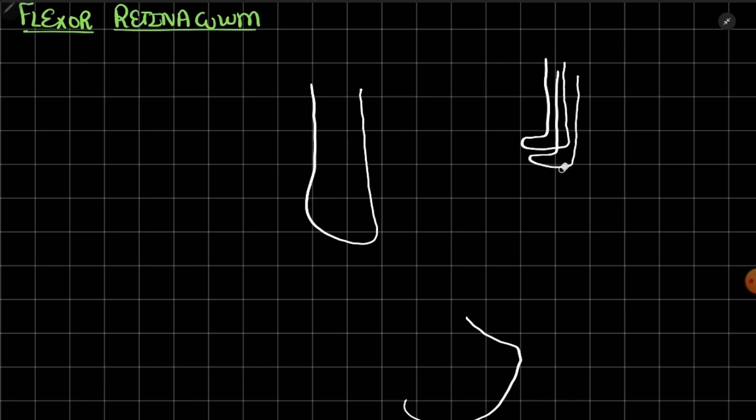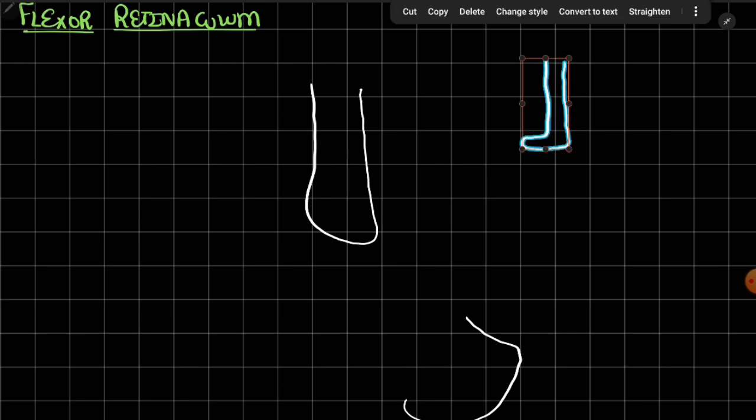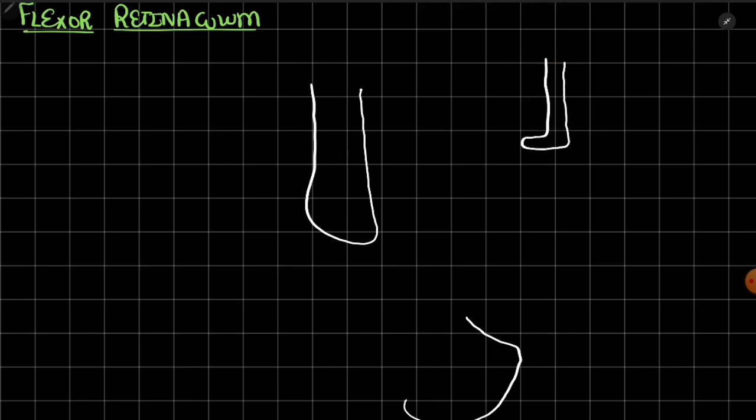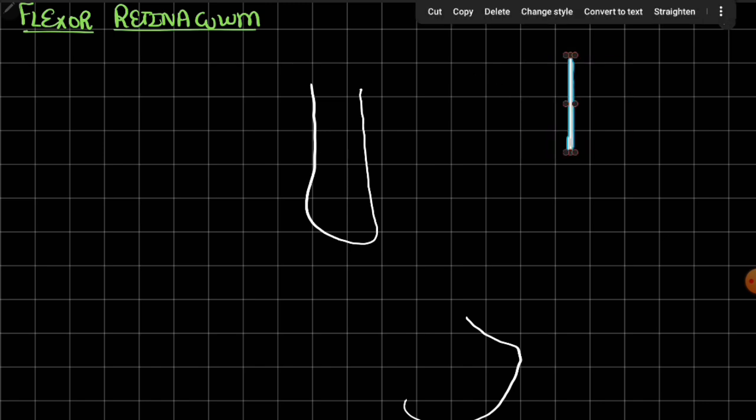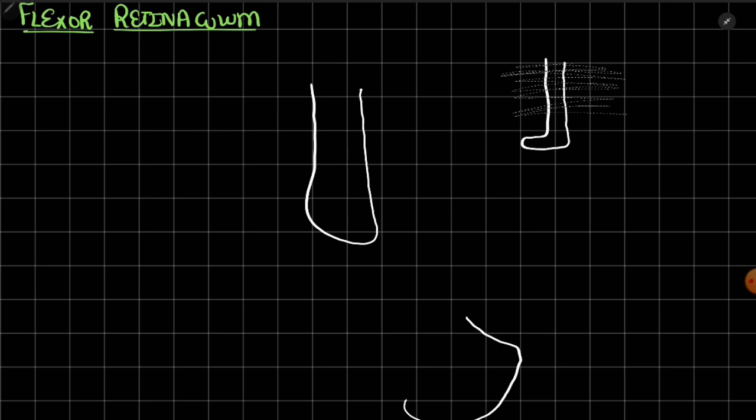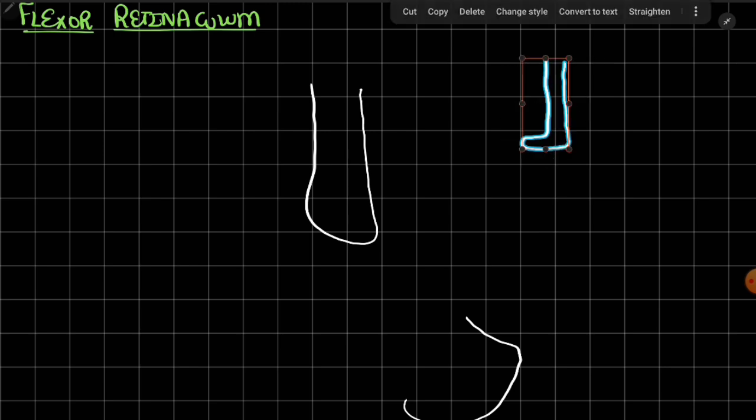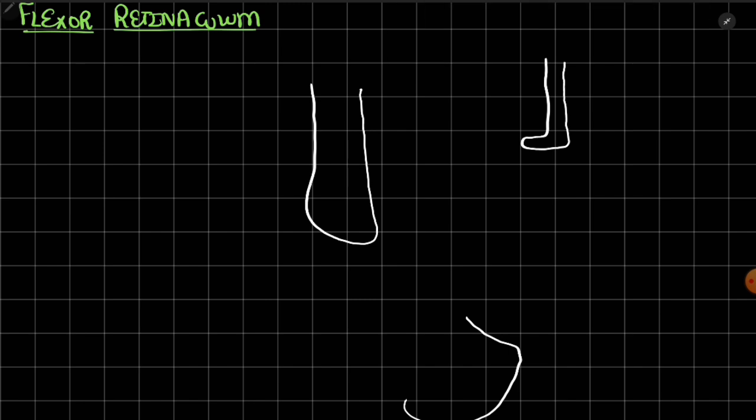If we remove the left leg and take a section like this, and just cut the superficial layer, then we will look like this.